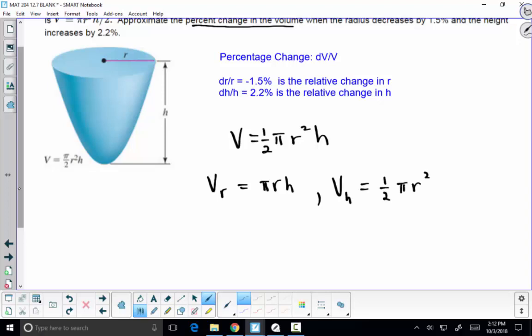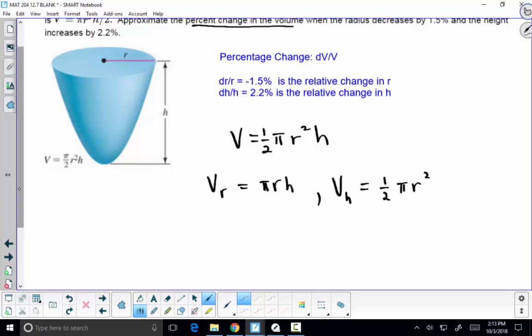Any issues or questions on finding those partial derivatives? Yeah? When we did our homework, it used something like this, and r and h were like functions, and they would change depending on where you're at. So you would have to do additional stuff with that.